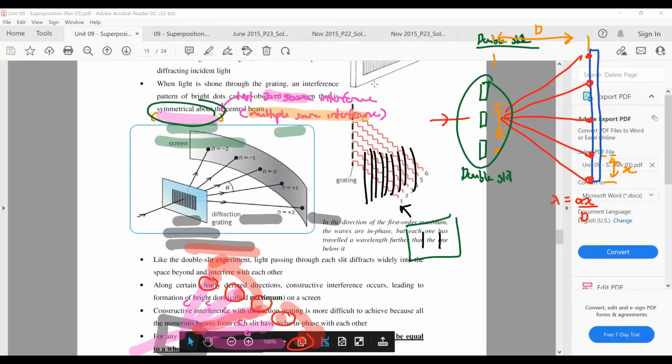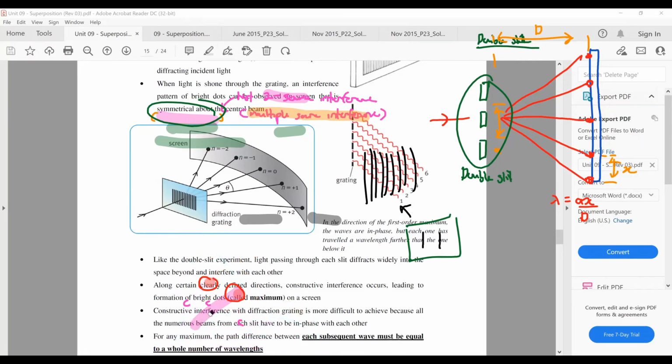I mean, it's similar, but with some slight variation. What we'll tell you is this. If I were to give you a diffraction grating, let me just give you an example.